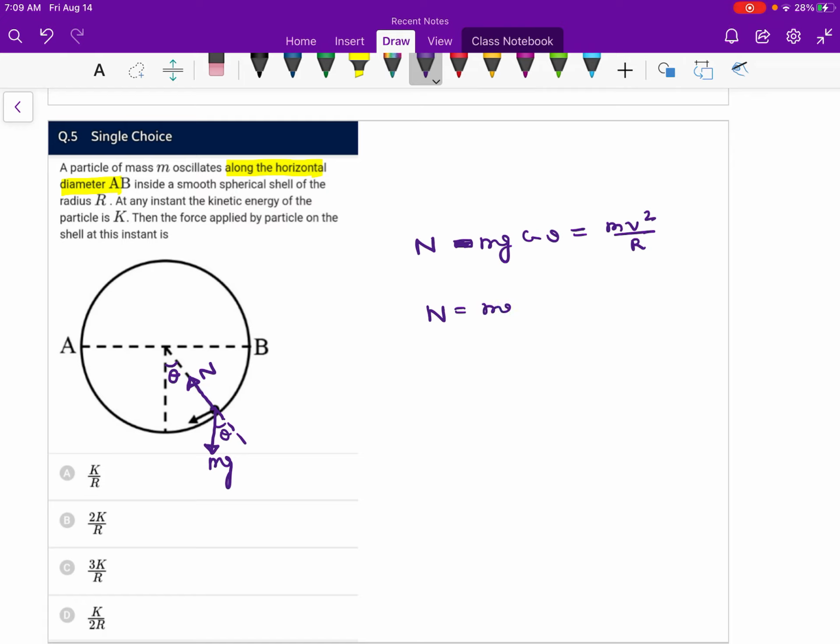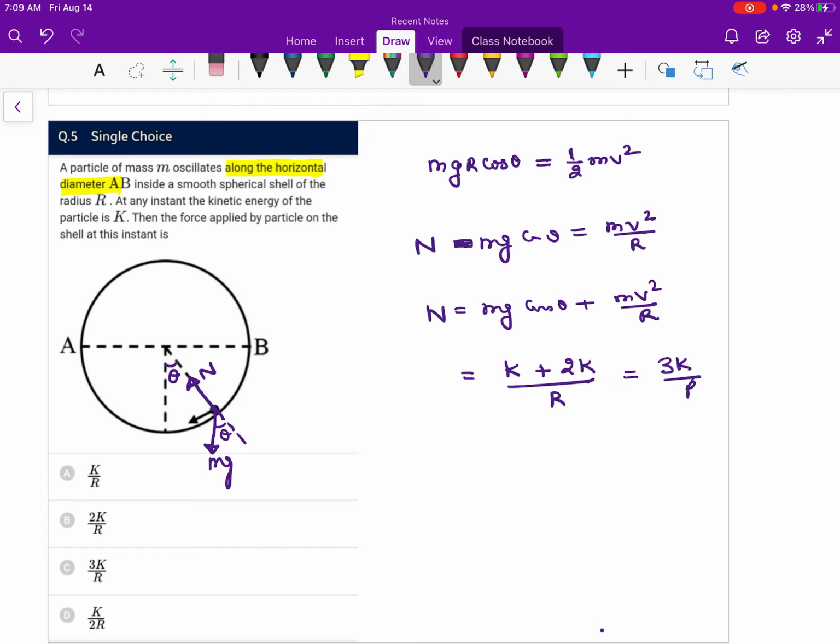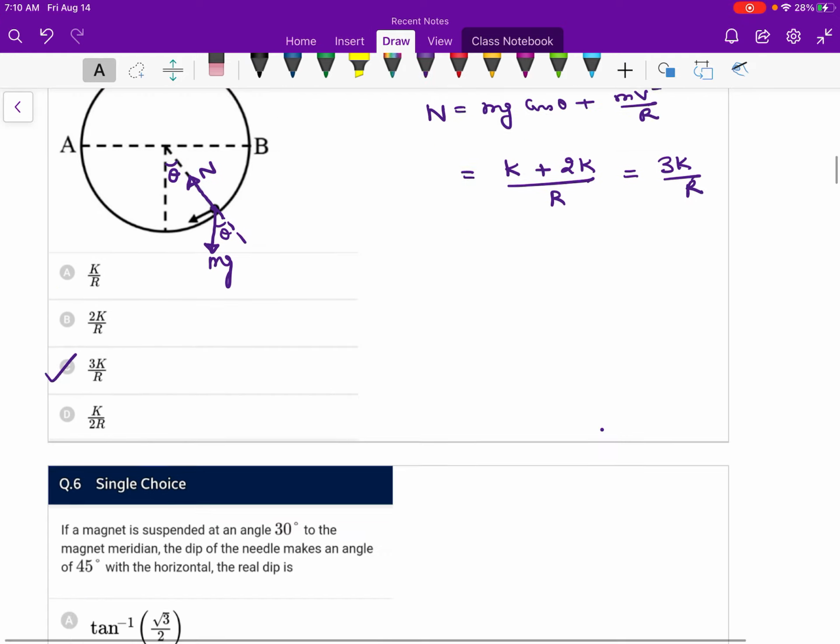So N is mg cos theta plus mv square by r. Now the kinetic energy of the ball: from B it moves down by r cos theta. So mg r cos theta, this is the loss in potential energy, which is equal to the gain in kinetic energy, half m v square. So mg r cos theta is k, so N is k plus mv square, which is 2k upon r, so that is 3k by r. So C is the correct option.